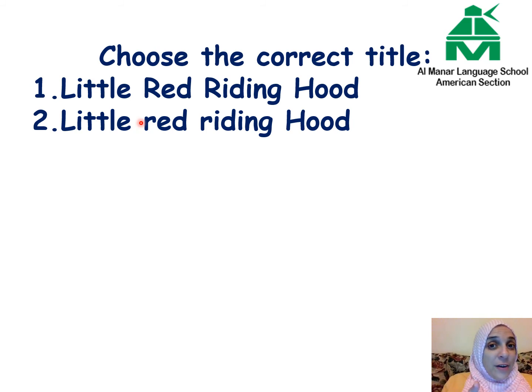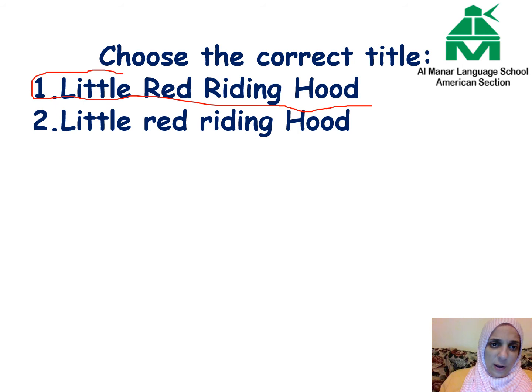Okay, I can hear you. Yes, I'm gonna choose the first one, Little Red Riding Hood. The L is capital, the R and the H, but did you notice here red is not capital and riding is not capital. So the first one is correct.